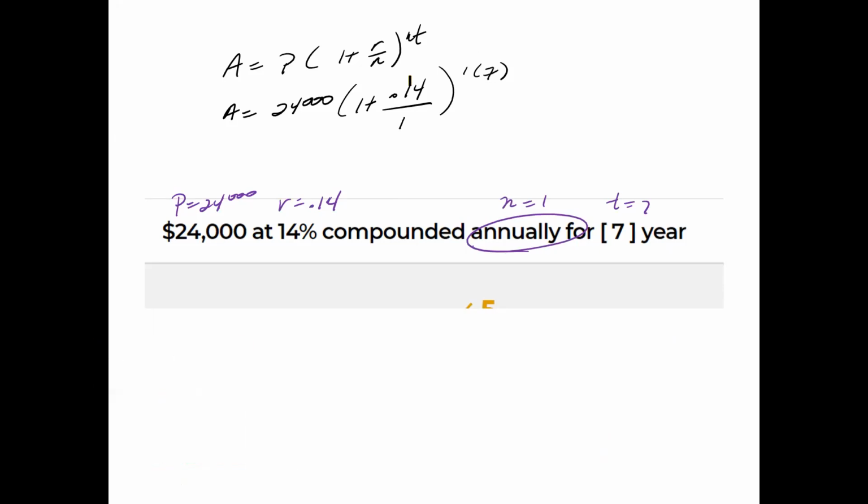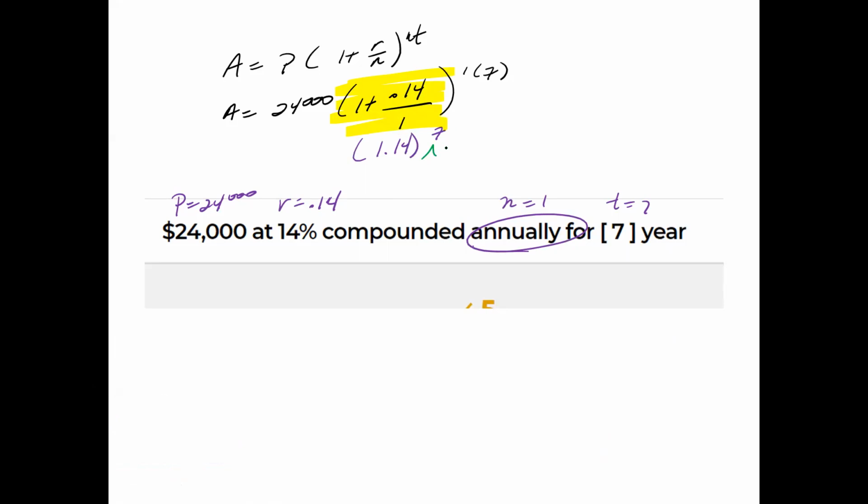All right, the first thing you want to do is minimize everything inside the parentheses. You know that 1 plus 0.14 is just 1.14 to the 7th power. So then you want to use your calculator, make sure you put the little exponent with a little caret. And you're going to do, well, what is 1.14 to the 7th power?